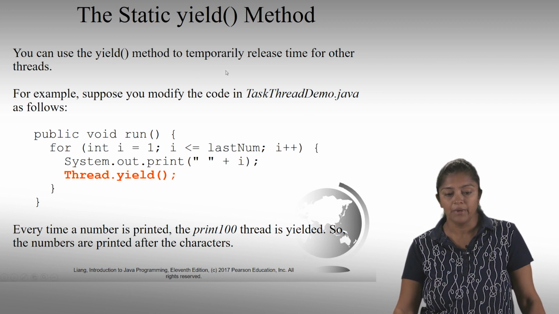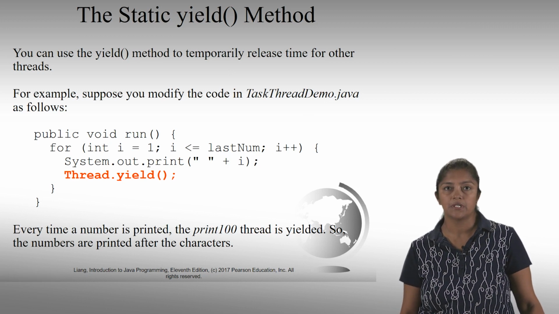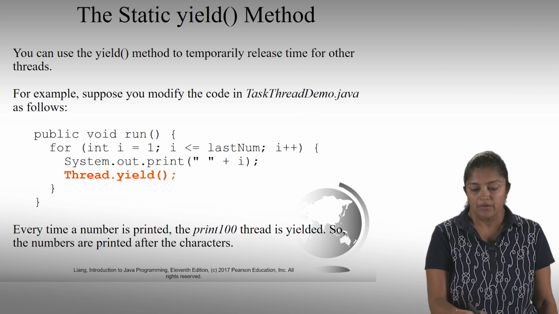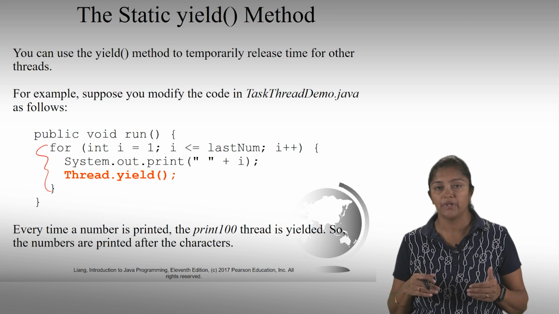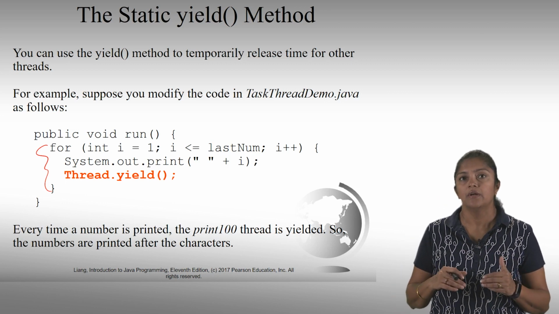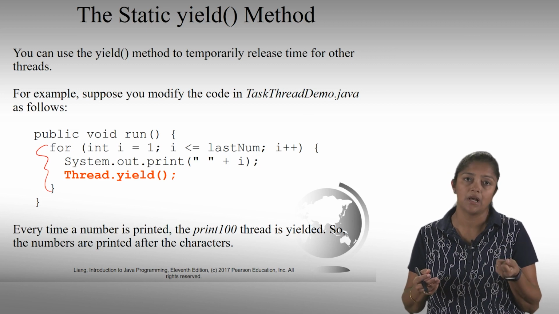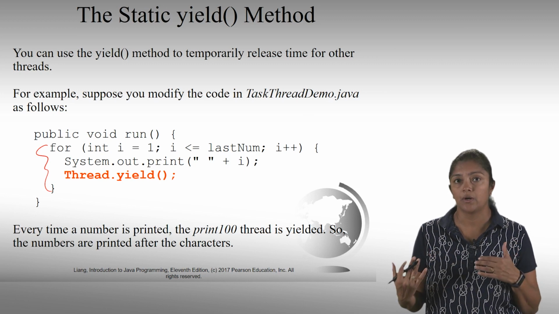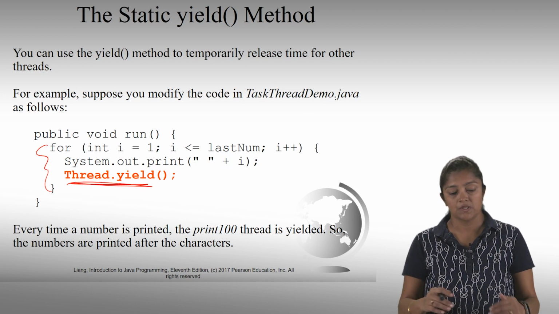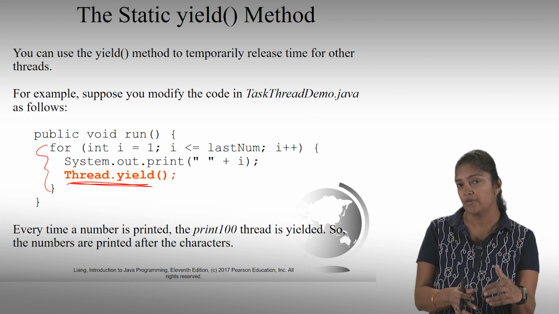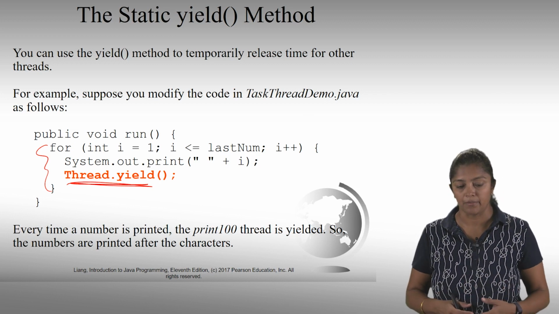Now about the yield method, it temporarily releases time for other threads, and the way to use it is, in the task object where we have the run method and we're specifying the instructions, we can invoke the yield method. Now the yield method is static, so what that means is we don't need an instance of the class in order to invoke it. You can just say Thread.yield. And that's what you see over here. This task object, whichever thread it's associated with, it's applying to that particular thread automatically.